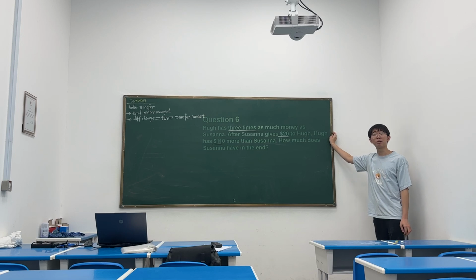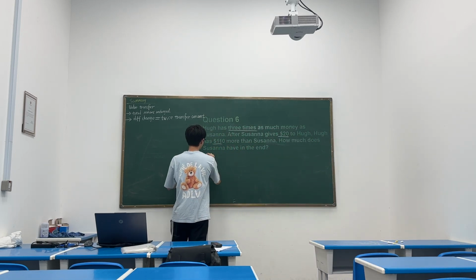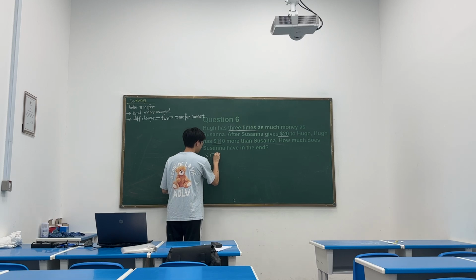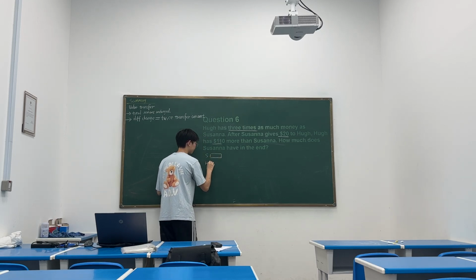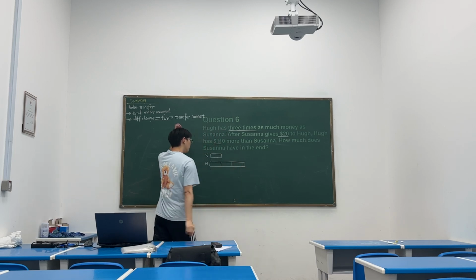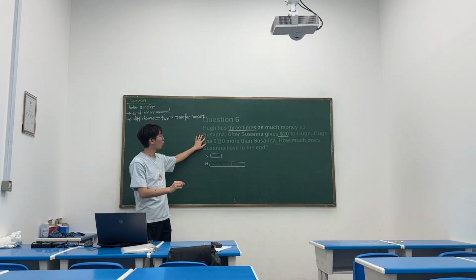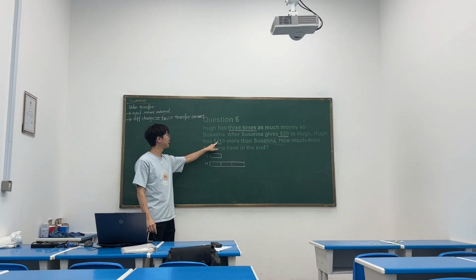Now, where is the multiple relationship? 3 times. So we start from Susanna. Susanna has 1 unit. And here we have 3 units. 1, 2, and 3. Alright. Then Susanna gives 20 to Hale. Hale has 110 more than Susanna.